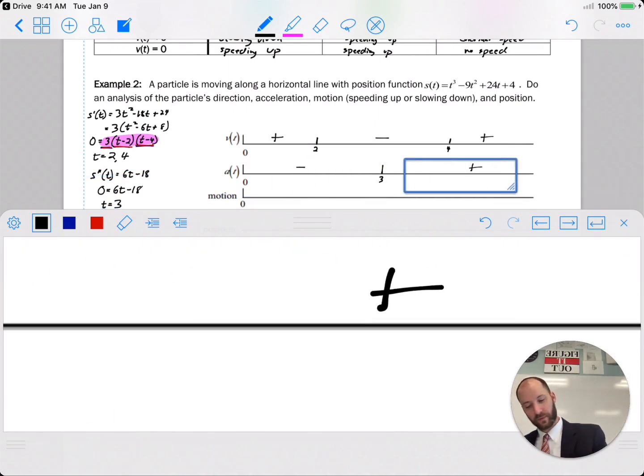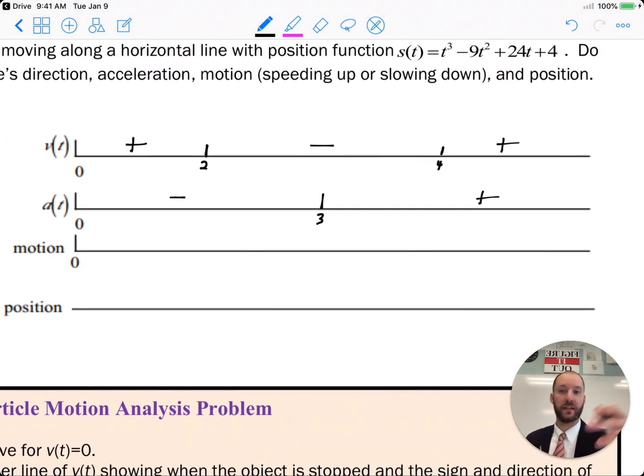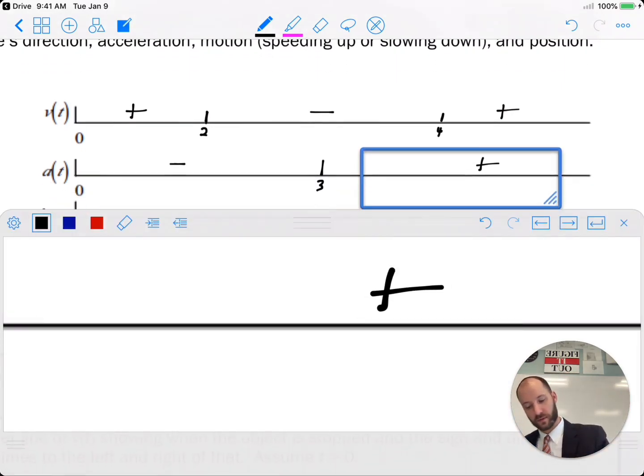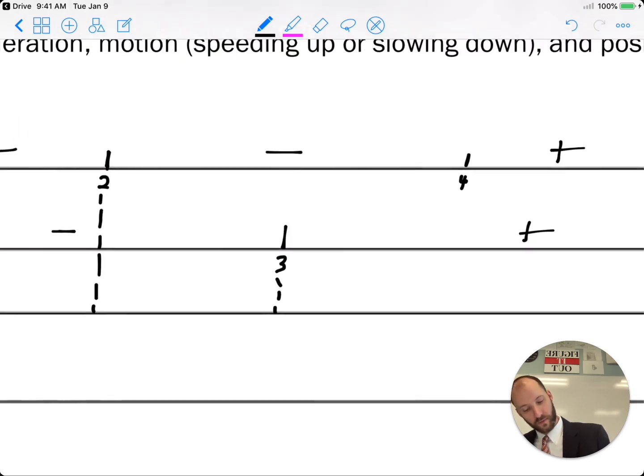So now we're seeing some play between these forces, velocity and acceleration. So 2 is kind of a boundary. 3 is a boundary. And 4 is a boundary.